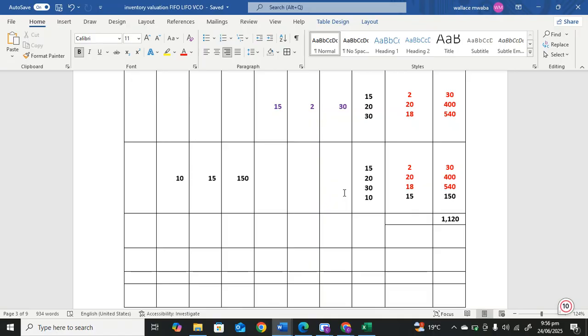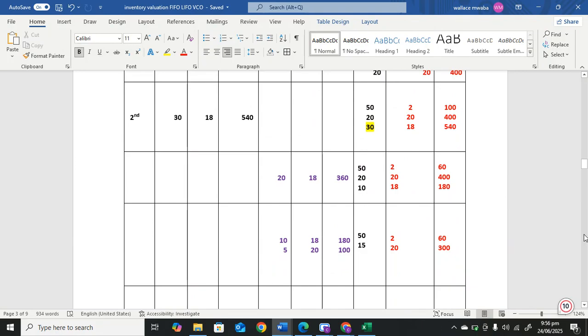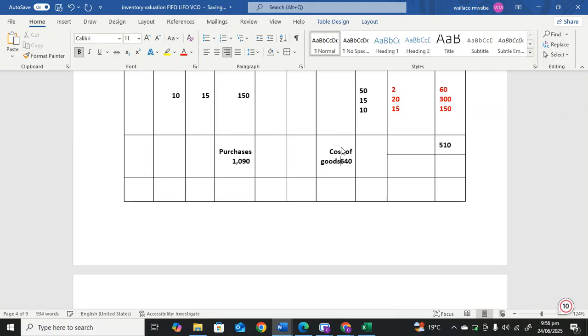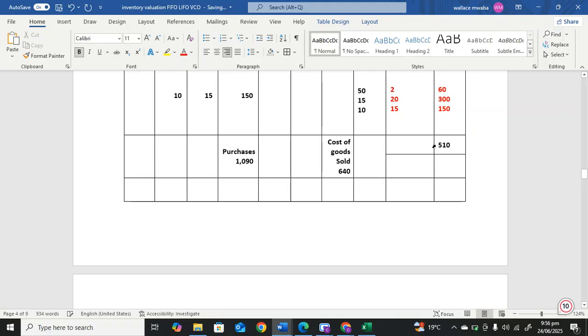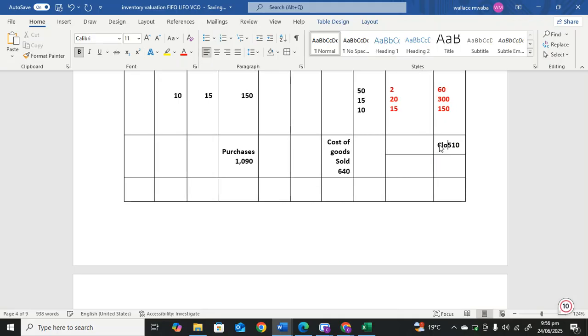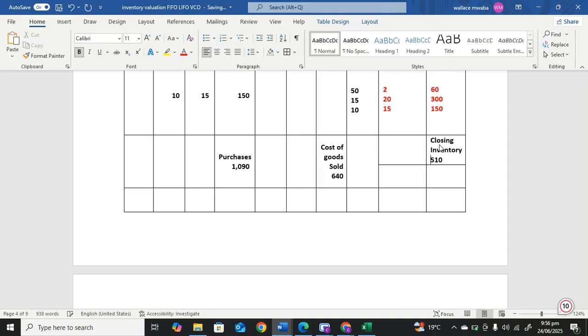One is getting the older one, one is getting the newer one. So you wouldn't expect them to be the same. Yes, closing inventory there.